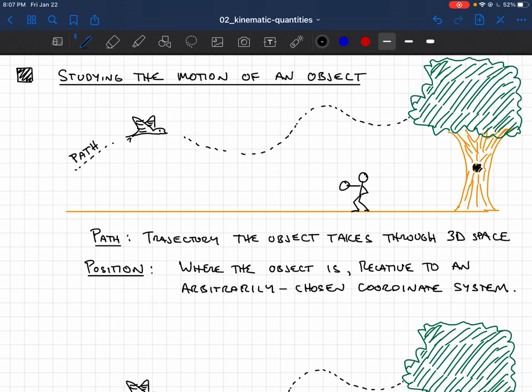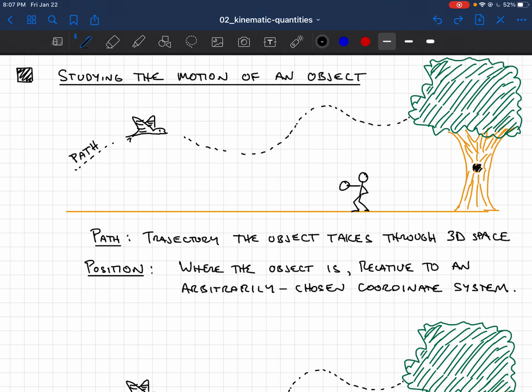This bird, because it has its own volition, it can go wherever it wants, and it makes this really curvy path, which we'll describe. We'll often consider things that move much more regularly, like something that moves on a circle or something that follows the parabolic path of a falling object. But just in general, an object could take any path through three-dimensional space, and it is called the path.